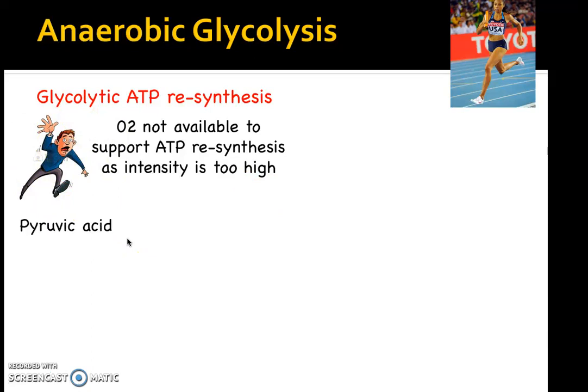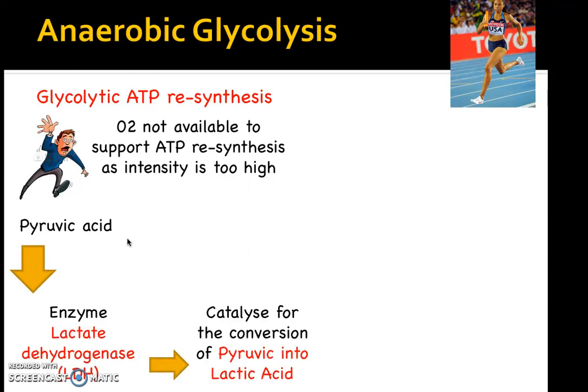So with the element of pyruvic acid, what actually happens is another enzyme is released, and this is the lactate dehydrogenase, or LDH enzyme. Now this is released because of this resynthesis, but it's anaerobic. So because there's no oxygen there, the lactate dehydrogenase, LDH, is released, and therefore this is the catalyst for the conversion of pyruvic acid into what you and I know, which is lactic acid.